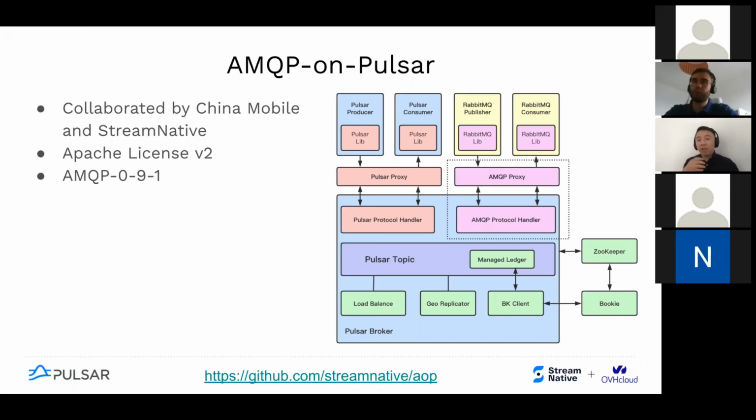So the effort was initiated by both parties, and we are happy to announce that the work was open sourced earlier this week, under the Apache license v2. Currently, it only supports the AMQP 0-9-1 protocol. AMQP 1.0 is not totally different, but there are quite a lot of differences between these protocols. And we hope we would support AMQP 1.0 at some point.